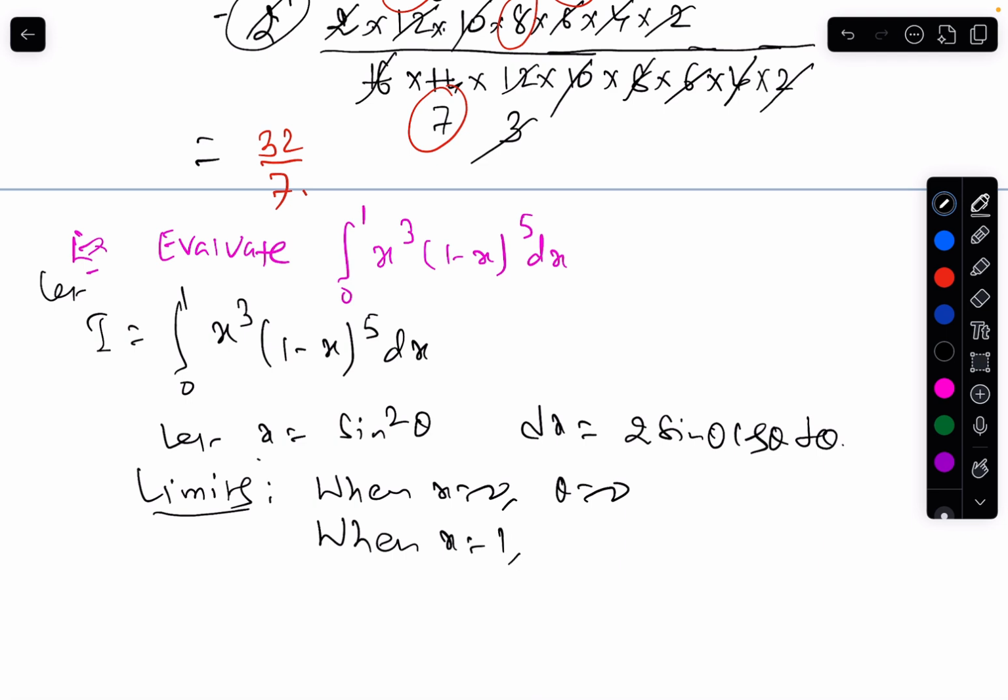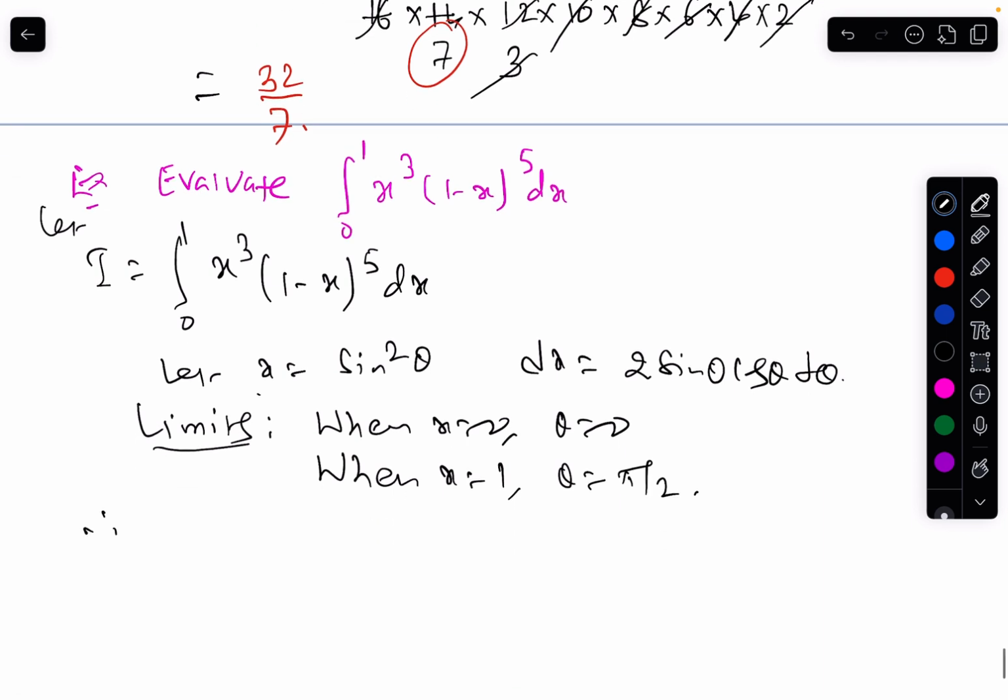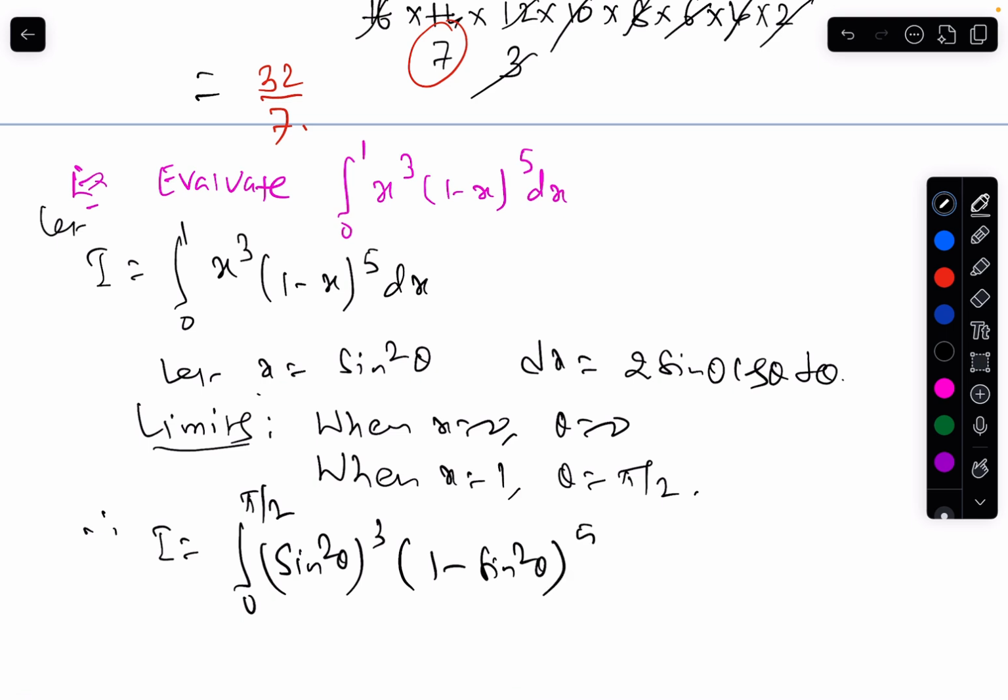When x equal to 1, then sine theta is 1, and so theta equal to pi by 2. So therefore integration 0 to pi by 2, x is sine square theta power 3, 1 minus sine square theta power 5, and dx is 2 sine theta cosine theta d theta.